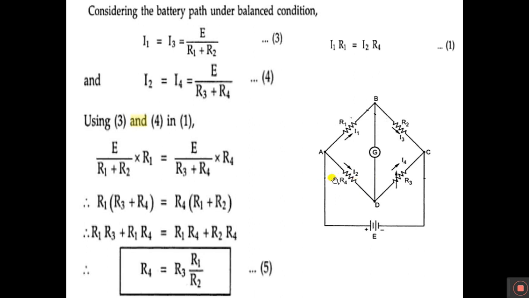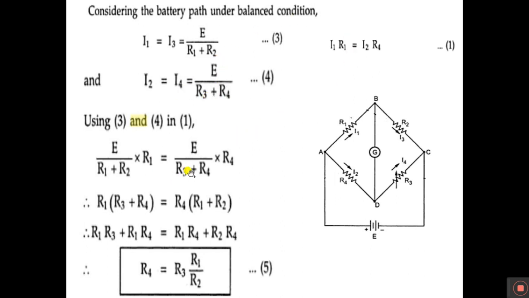So I2 equal to I4 equal to E divided by R4 plus R3. Initially we have the expression I1 R1 equal to I2 R4. Now substitute the values of equation 3 and equation 4 in equation 1. If I replace I1 in equation 1, E divided by R1 plus R2 into R1 is equal to the I2 expression, E divided by R3 plus R4.